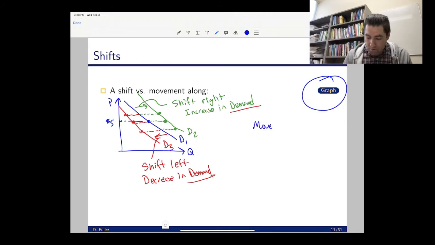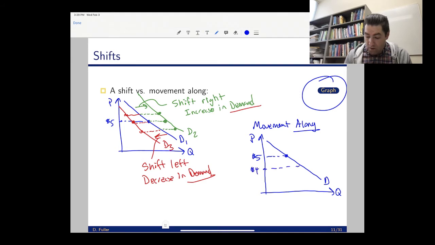A movement along the curve, my quantity and price, my demand curve, would be the result of a change in the price. So the quantity demanded when the price is 5 versus the quantity demanded when the price is 4. This is moving along the curve. The shifts in the curve are the changes in demand.